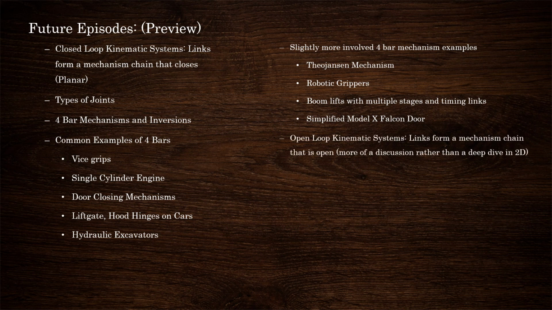And we'll study open loop kinematic chains. More of a discussion rather than a deep dive in 2D. That's what I'll say. And then we'll study in 3D motion. We will have to extend all the knowledge that we learn in 2D. We will revisit some of our chapters and we'll study what it means in 3D as well. We can look at how objects move in 3D space.